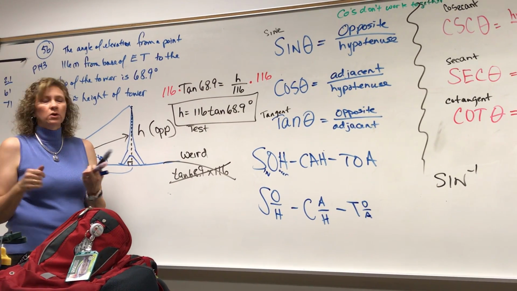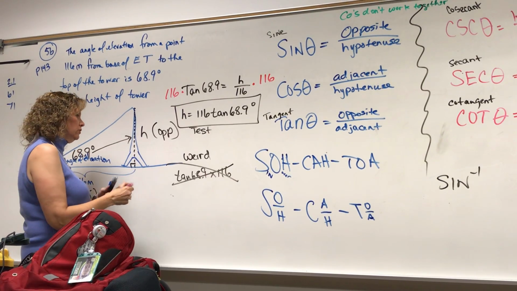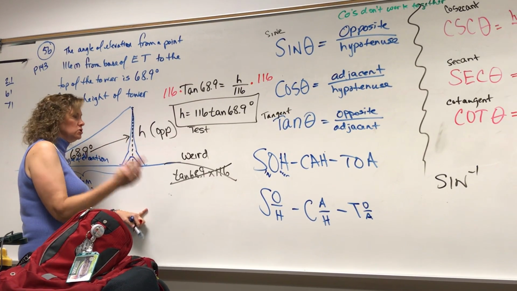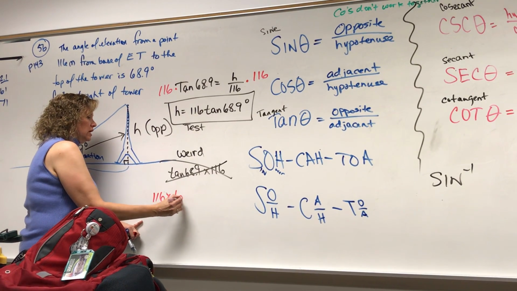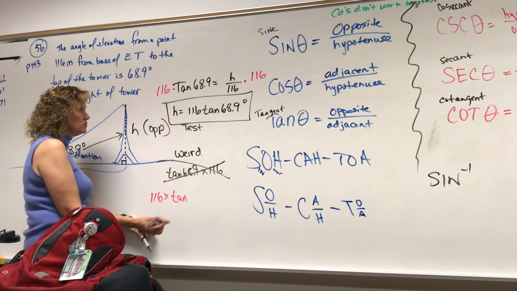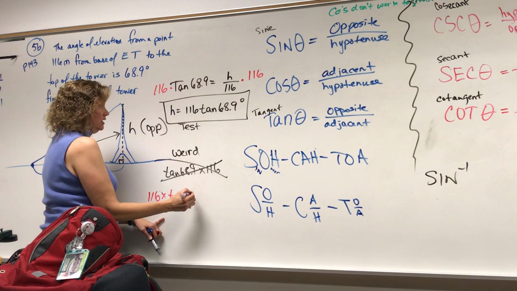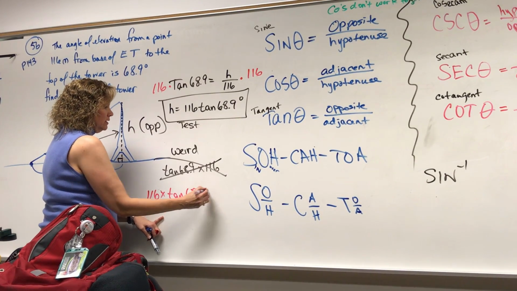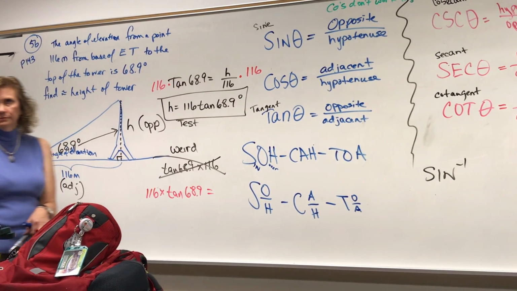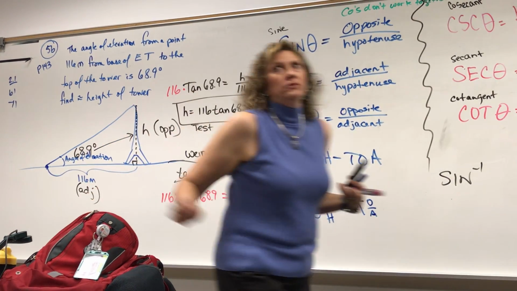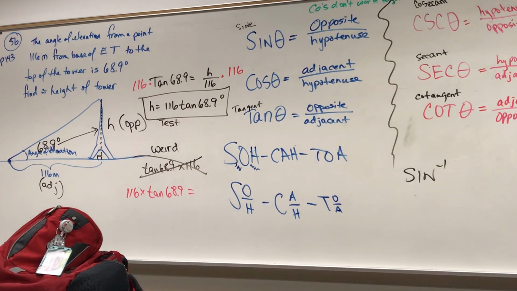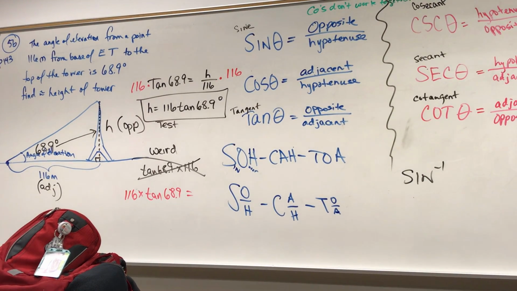Honestly, chances are your calculator, even if you're using your phone, you're just going to punch it up, 116, and then hit your tangent key, and then take 68.9 and hit your equals. And if you don't have your calculator with you, then let's see, mode.